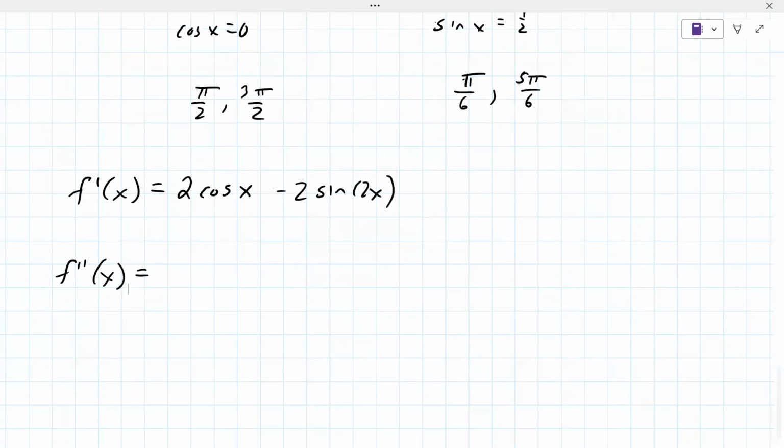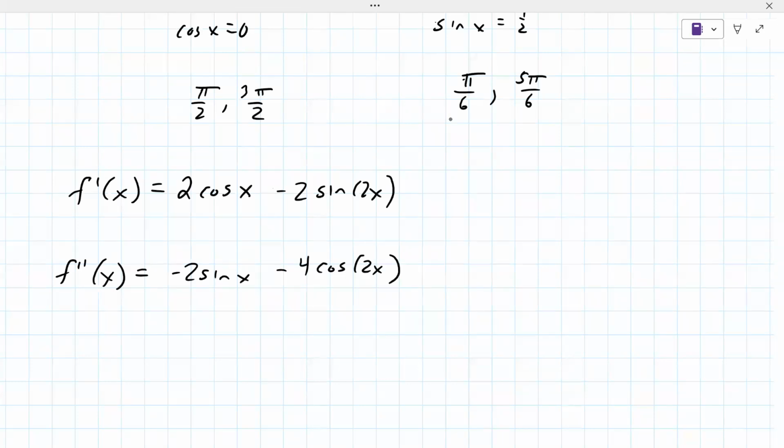The instructions say to use the second derivative test, which for this problem is probably preferred. So it'd be negative 2 sine x and negative 4 cosine 2x. I mean, positive 4 cosine 2x, because the derivative of cosine is negative. Yes, and there are lots of places to make mistakes there.